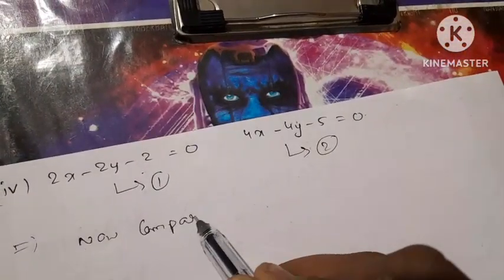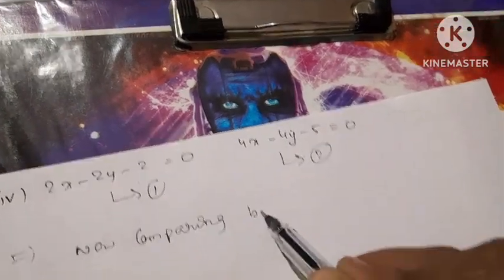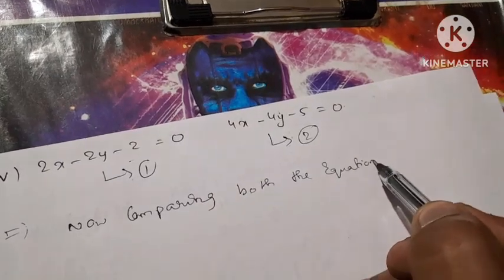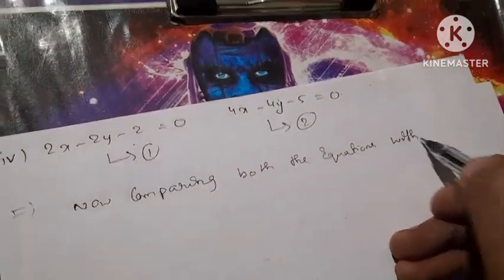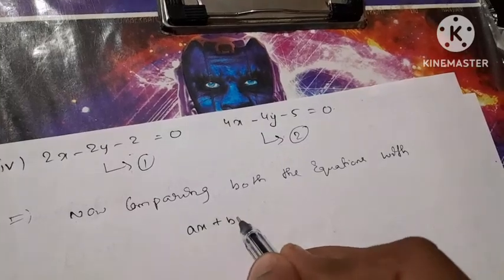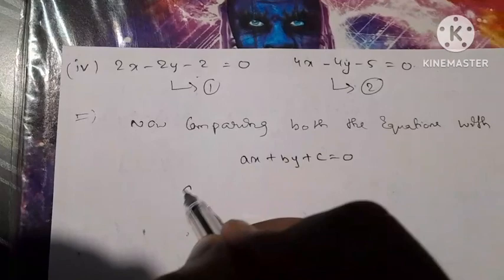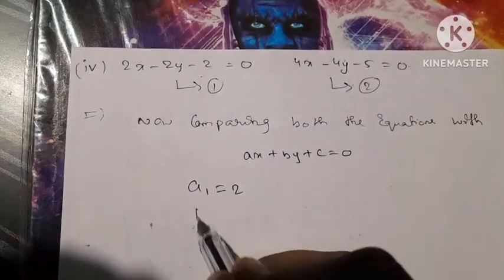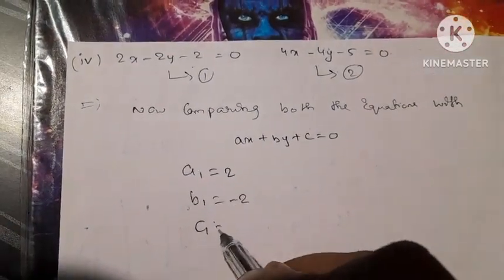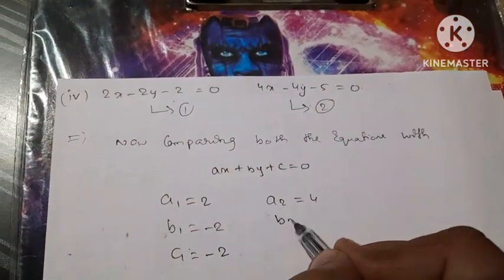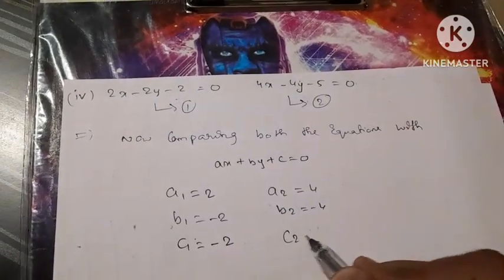We'll see now, comparing both the equations with ax plus by plus c equal to 0, we get a1 is equal to 2, b1 is equal to minus 2, c1 is equal to minus 2, a2 is equal to 4, b2 is equal to minus 4, c2 is equal to minus 5.